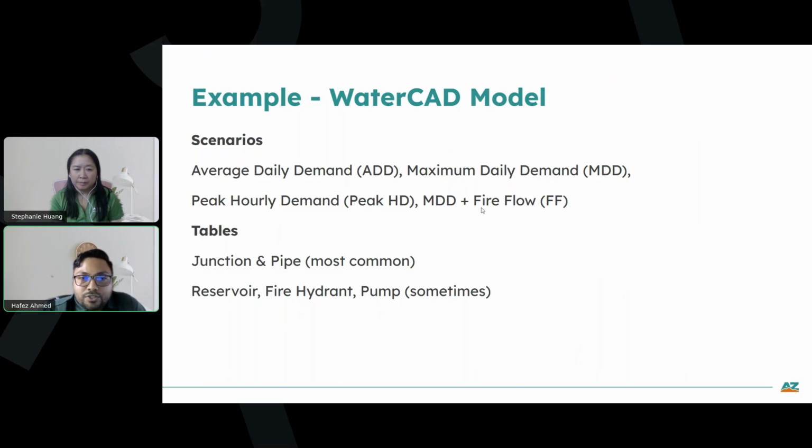I will show you some of the results in a tabular format for junction and pipe, because these are the most commonly looked at components where we would like to see if there are any failed nodes, junctions, or pipes. However, you can generate these results for reservoir, fire hydrant, and sometimes for pump as well. Next slide, please.